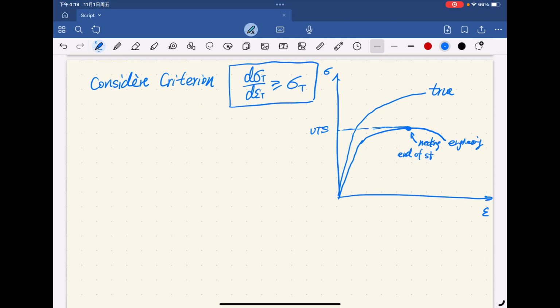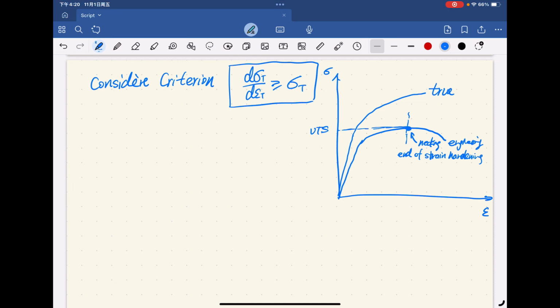Before this point, when external force becomes larger, the strain becomes larger.